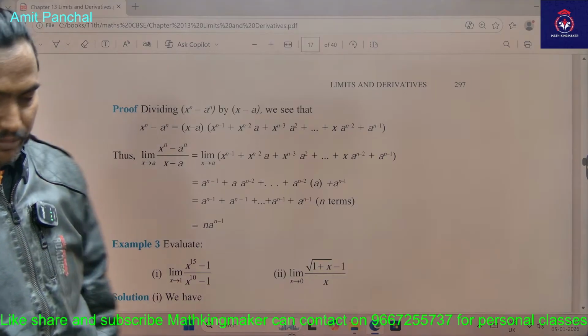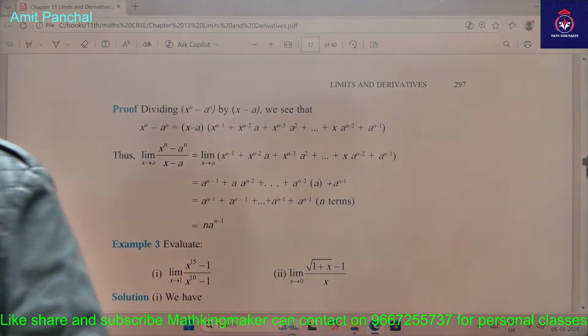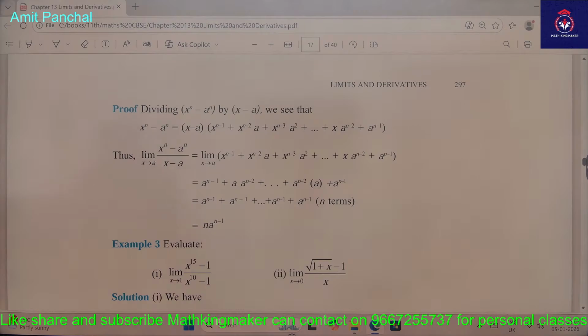Just try to do it. x to the power 15 minus 1 over x to the power 10 minus 1. Now something you have to introduce in this question.